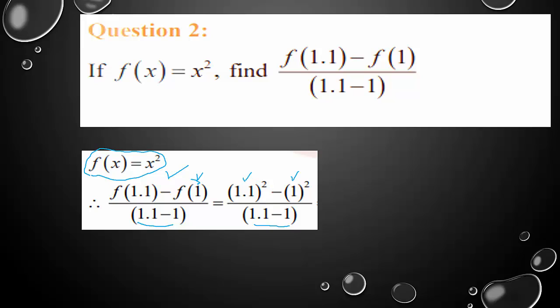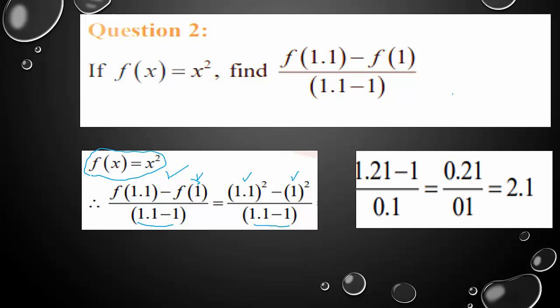So here you have to calculate 1.1 square minus 1 square. 1 square will be 1, and 1.1 square is 1.21. The denominator 1.1 minus 1 is 0.1.